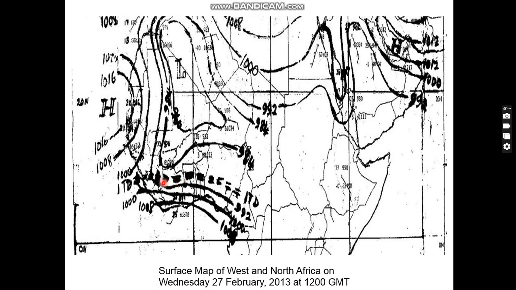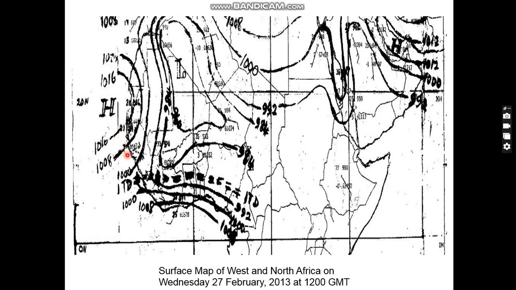The same thing is done looking at the station to the left. Around here you see a station with a temperature of 21, while the dew point is 7.